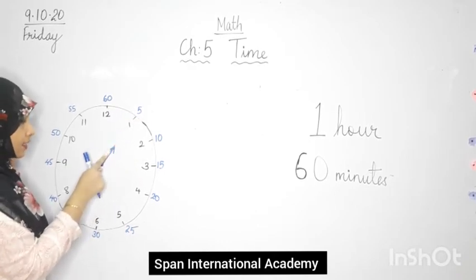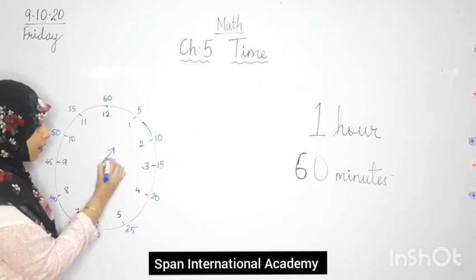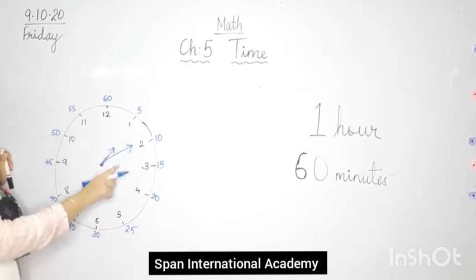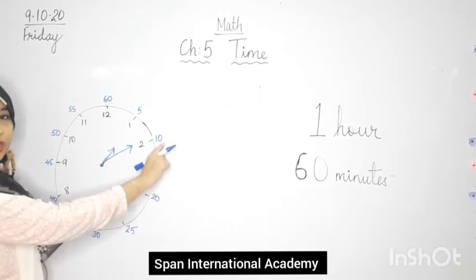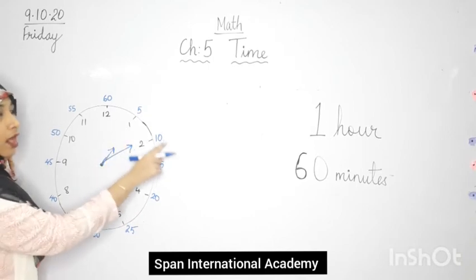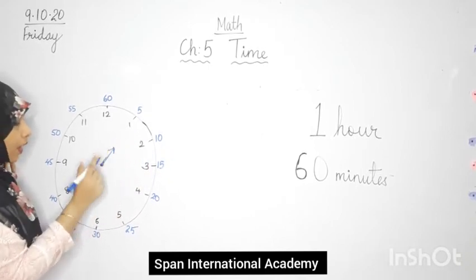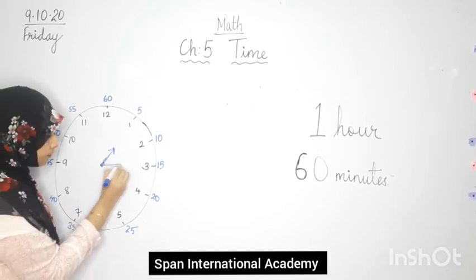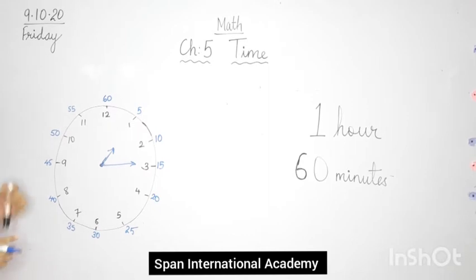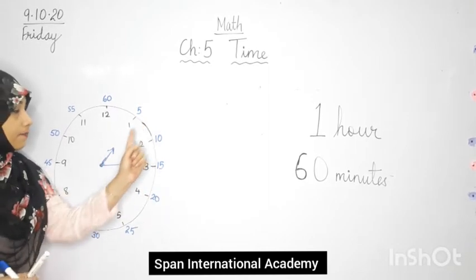Similarly, when this moves and comes on 2, now the time is 1 hour 10 minutes. Then when we move our minute hand on 3, we will read the time as 1 hour 15 minutes.